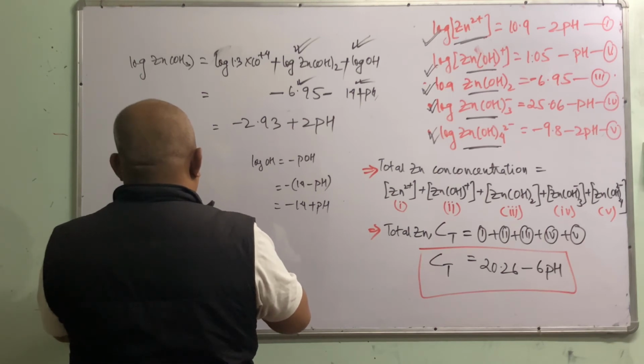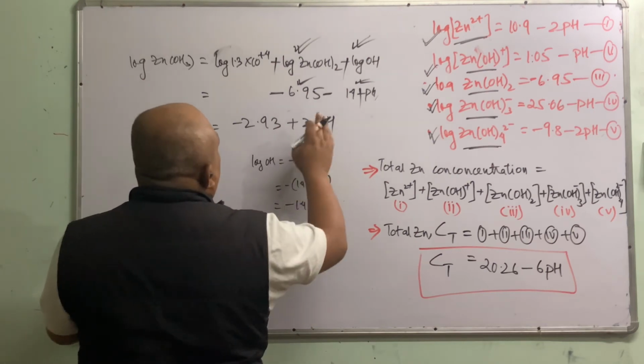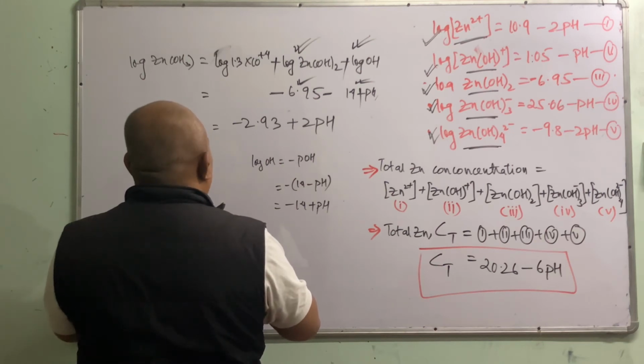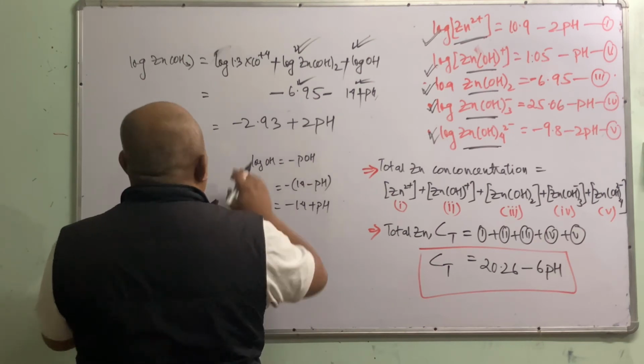1.3 into 100, into this of log, minus 6.95, minus 14, minus 10.